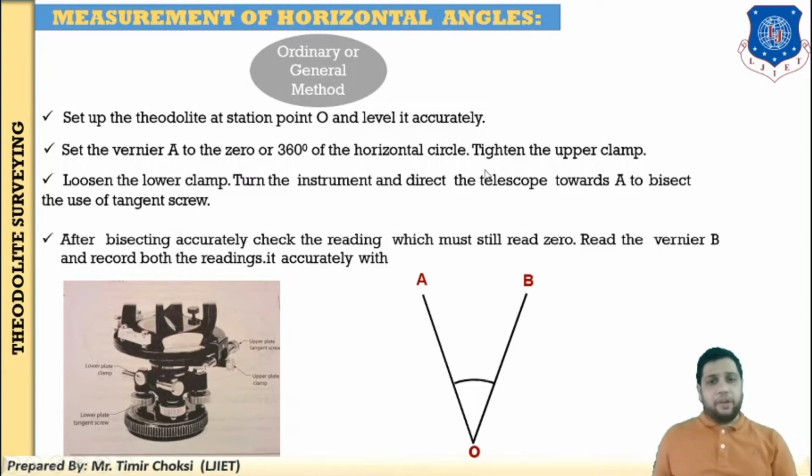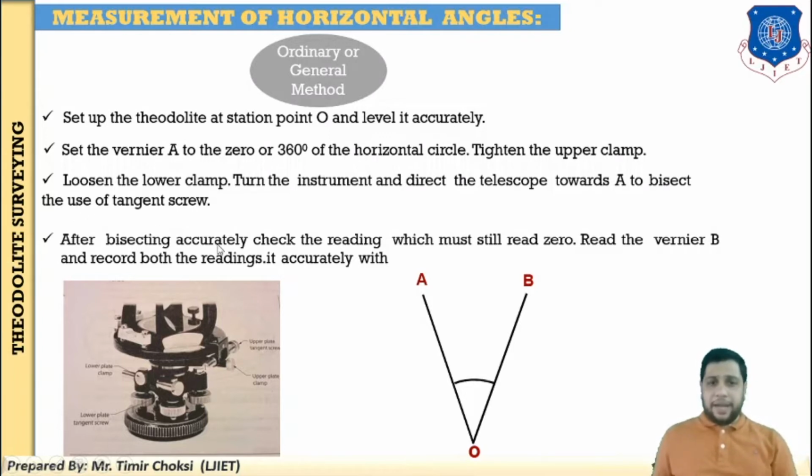So carefully see the previous video to understand the use of the upper clamp screw and lower clamp screw. So first set up the station at O, then set vernier A to 0 or 360 degrees. Loosen the lower clamp, turn the instrument and direct the telescope towards A, using the tangent screw.